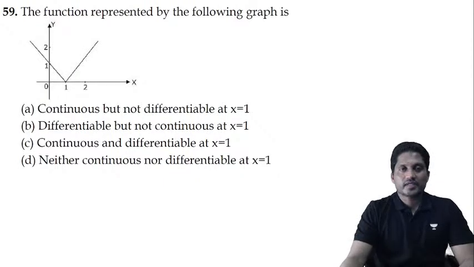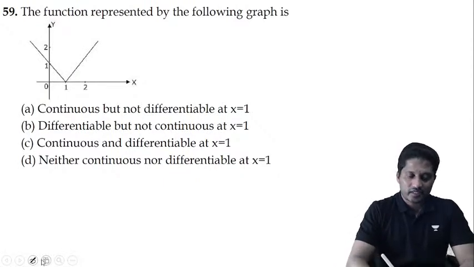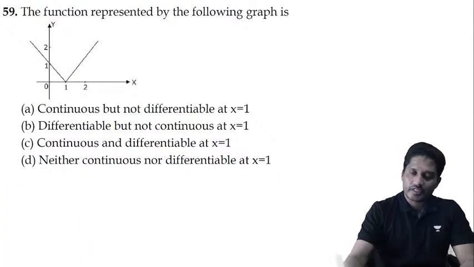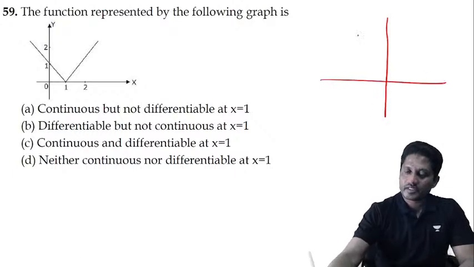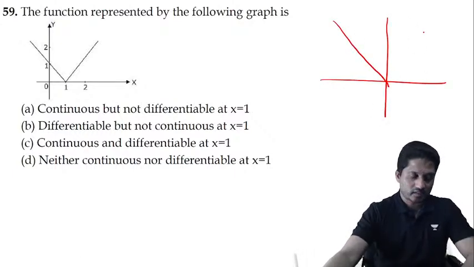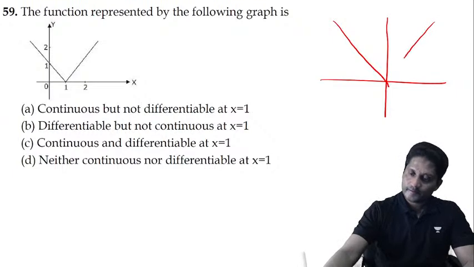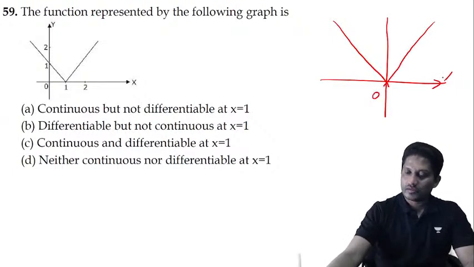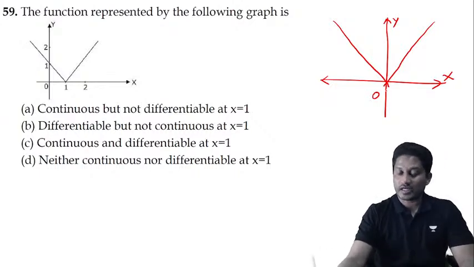The function represented by the following graph is given. Actually, mod function is a V-shaped graph, and you get a sharp edge at 0 like this. Mod x is everywhere continuous. There is no break in the graph, but you get a sharp edge at 0.